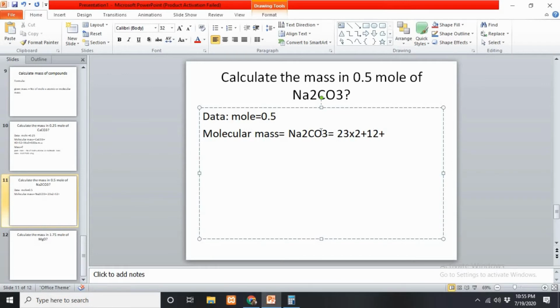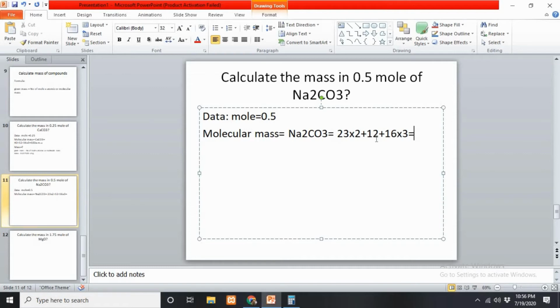Then you have to write plus, and the oxygen will come next to the carbon. The atomic mass of oxygen is 16, and it contains 3 atoms, so I will multiply it with 3. Now we have to calculate its sum. 23 into 2 is 46.